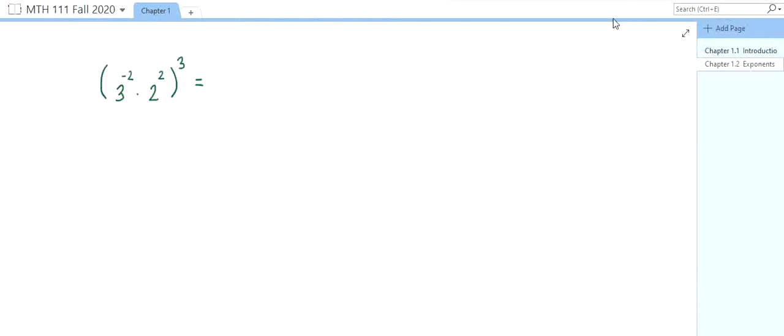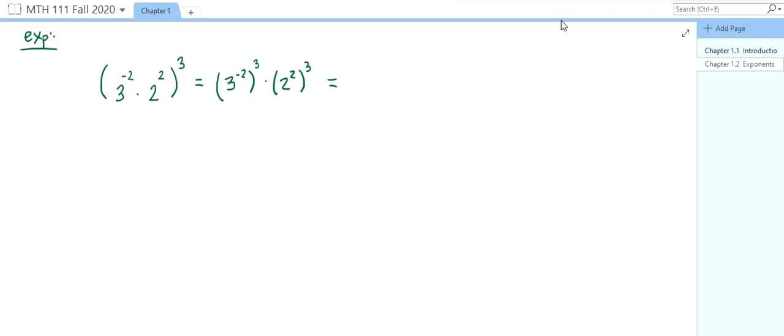So now we're able to handle more complicated examples. So suppose I have 3 to the minus 2 times 2 squared, raised to the power of 3. How do I handle that? Well, same way. First we take the cubed of this whole thing, and each individual number is cubed.